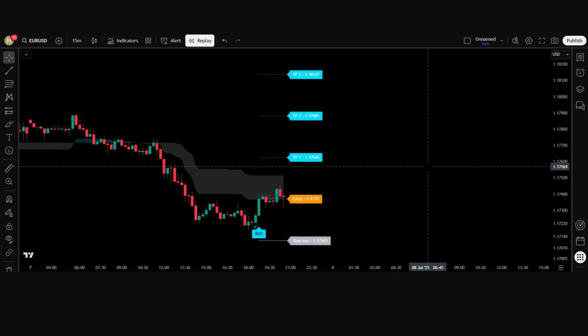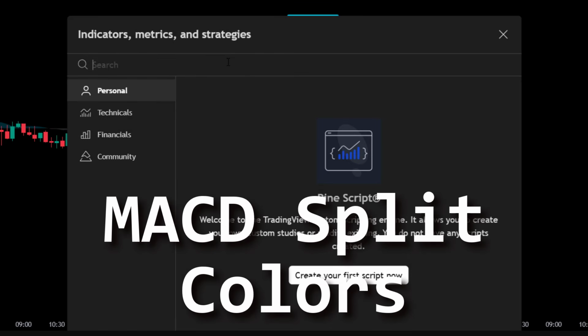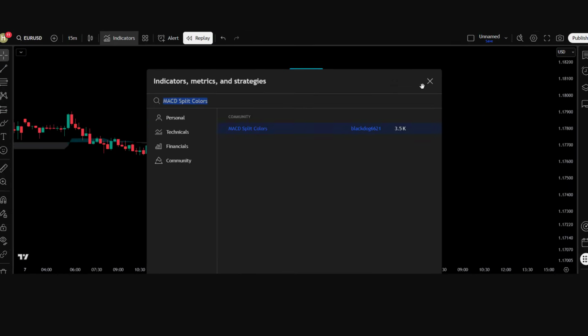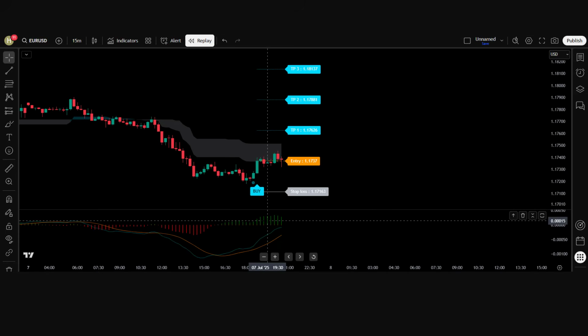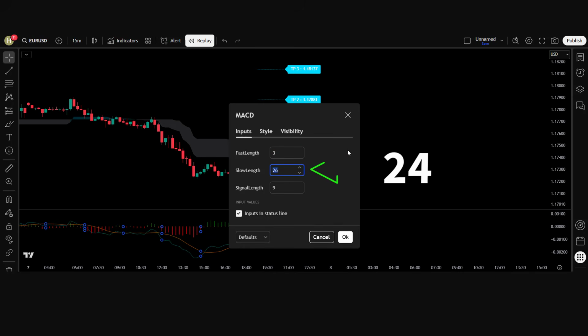We have to apply another indicator on the chart. Second indicator name is MACD split colors. Keep the indicator settings as I have shown here.